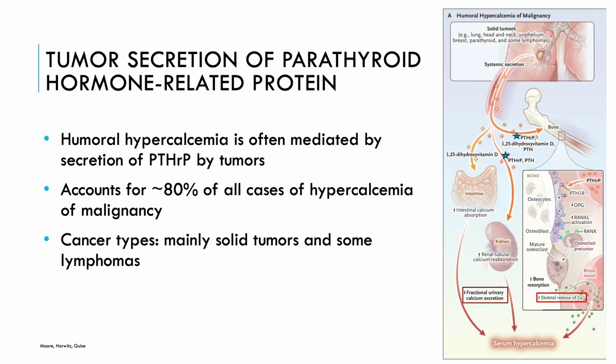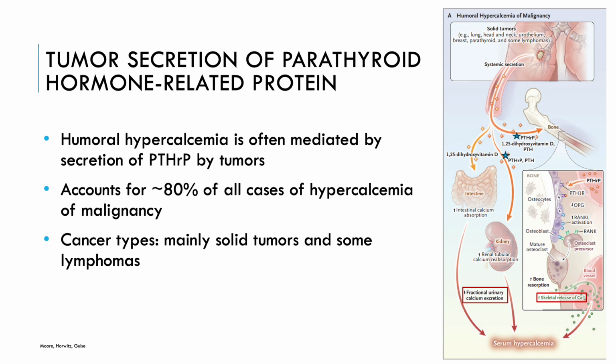First, I will be going over humoral hypercalcemia, which is often mediated by secretion of parathyroid hormone-related protein by the tumor. This specific pathophysiology accounts for about 80% of all cases of hypercalcemia of malignancy, so it is our most common pathophysiology for hypercalcemia of malignancy. The cancer types this pathophysiology is mainly seen in are solid tumors and some lymphomas.